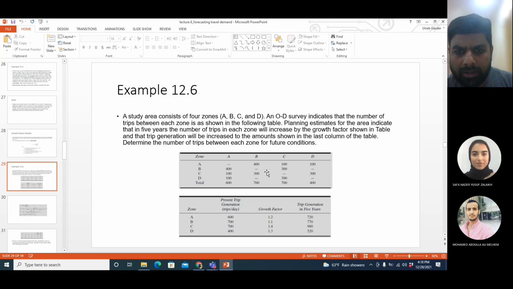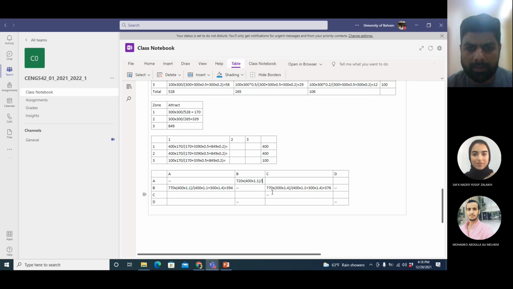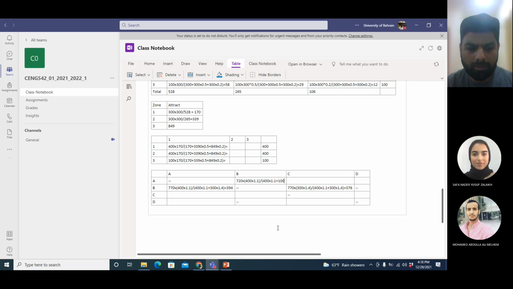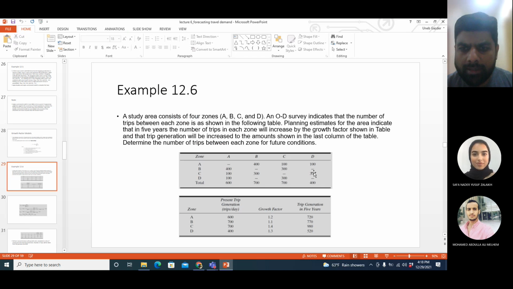So 400 into 1.1, then 100 into 1.4, and then 100 into 1.3.